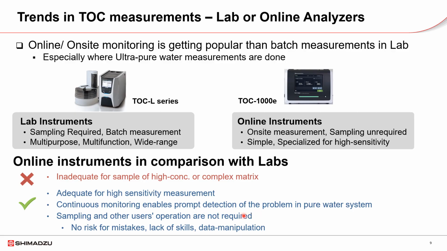This approach eliminates the risk of errors such as data manipulation or lack of skills, ensuring accurate and more reliable results. However, they have a limitation in handling high concentration and complex matrix samples. Overall, both online and lab TOC analyzers have their own strengths. Thus, both are used based on the important requirements for the given case.